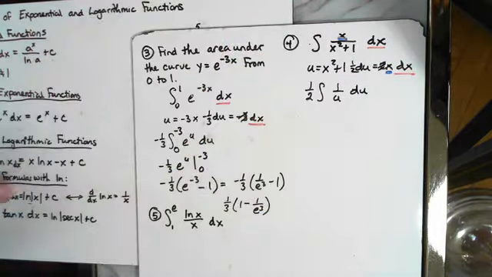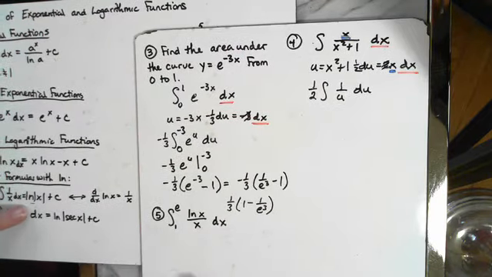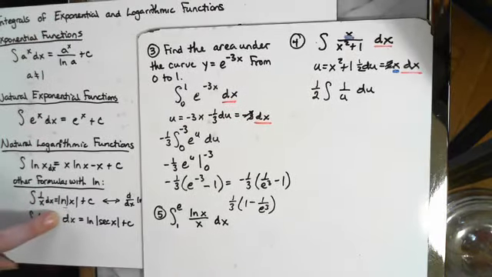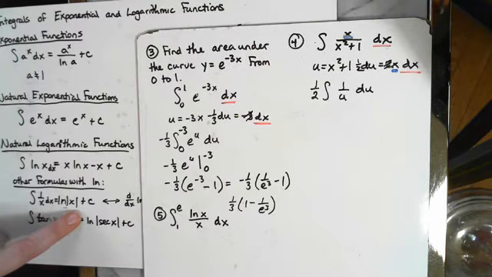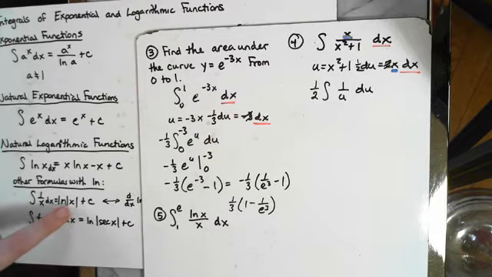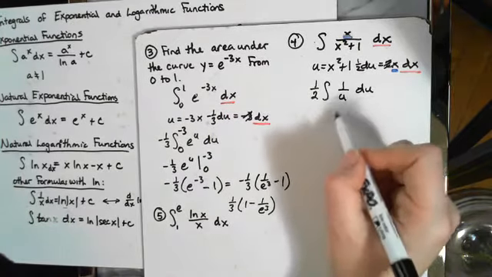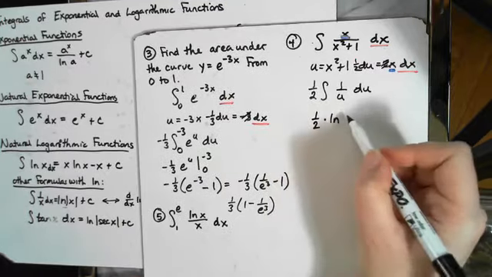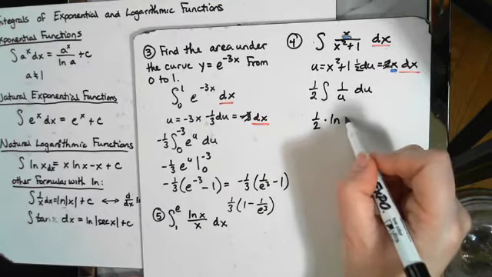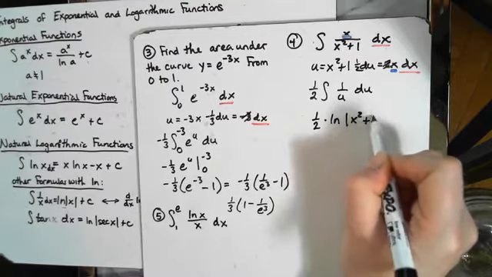Now this is the formula right down here, which kind of went off my board a little. There it is. The integral of 1 over x is the natural log of the value. So this is going to be 1/2 times the natural log of my u. And the u was x squared plus 1.